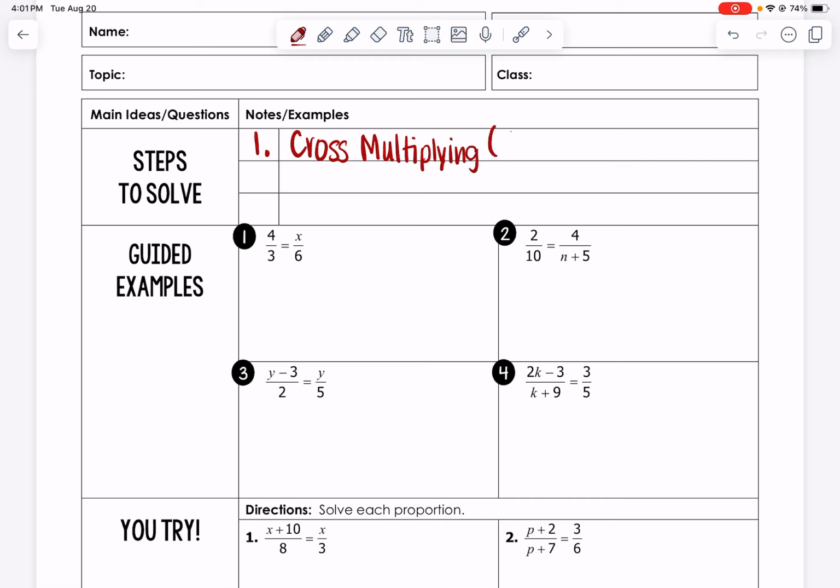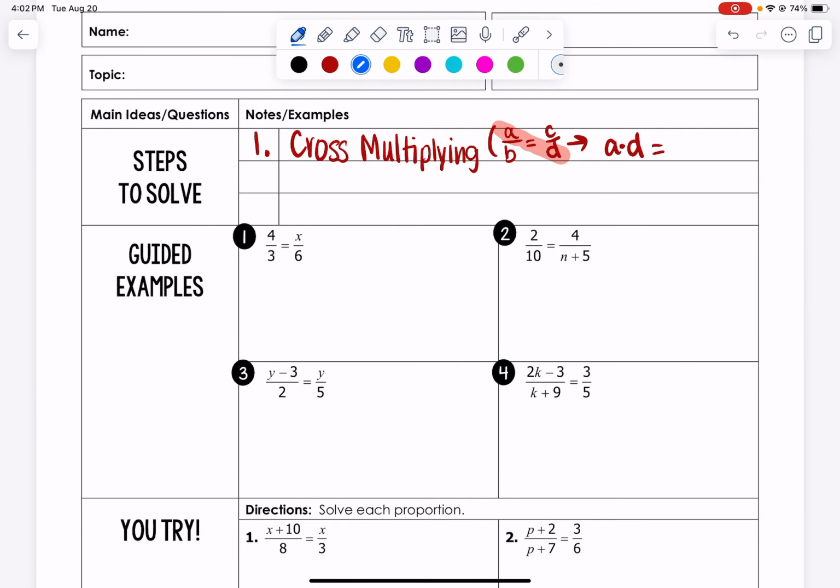Which means if we have a fraction, let's say a over b equals fraction c over d, to solve it, we would multiply a times d, which would be if we went across this way, and that would equal c times b, which would be if you went across this direction. So that is what cross multiplying means.